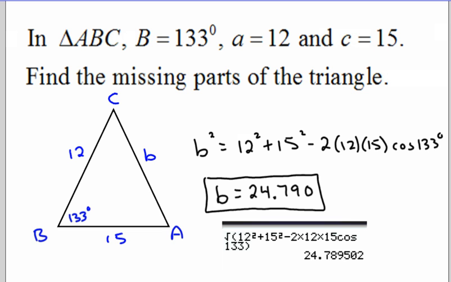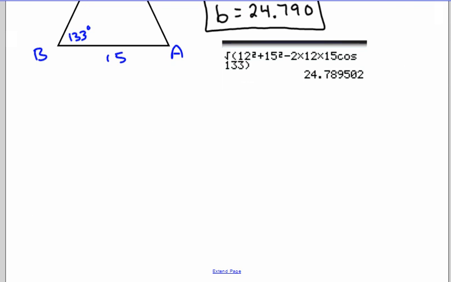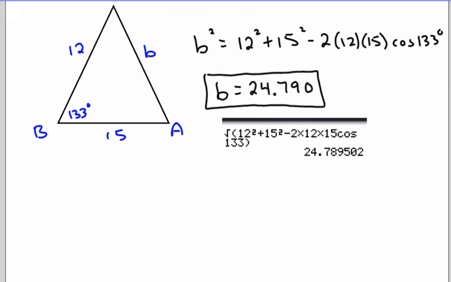Okay, now, you guys, we've got an angle side pair. I could use the law of sines to find the other two sides, or I could use the law of cosines. Or, since I'm learning and I'm practicing right now, why not do both? Let's say I want to find angle A. If I'm going to use the law of cosines, I'd put side A by itself.